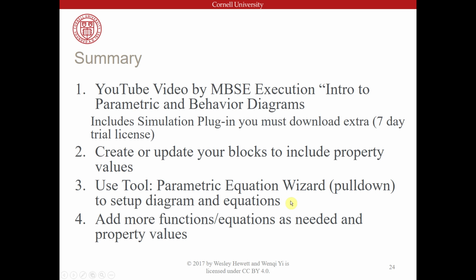But for simplicity, I would recommend using this. Again, you would add the values. You can do them on the diagram, or you can add them like I did on the block diagram. And then add the appropriate amount of functions and equations. That's why the wizard is handy. It's because the wizard allows you to put the equation automatically. You can actually show that value too by adding it.